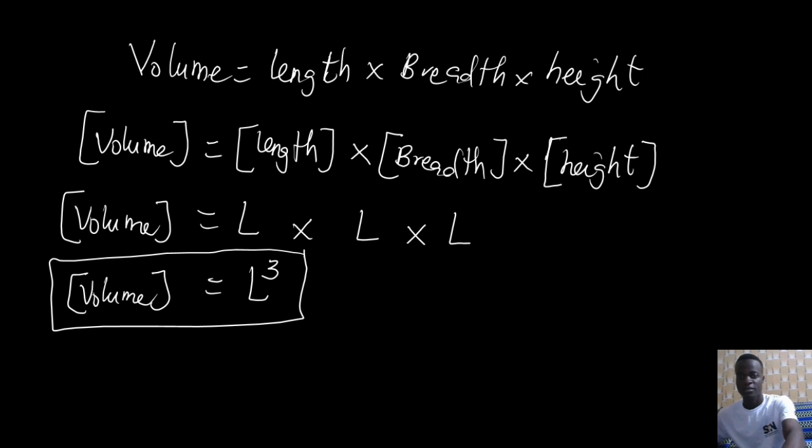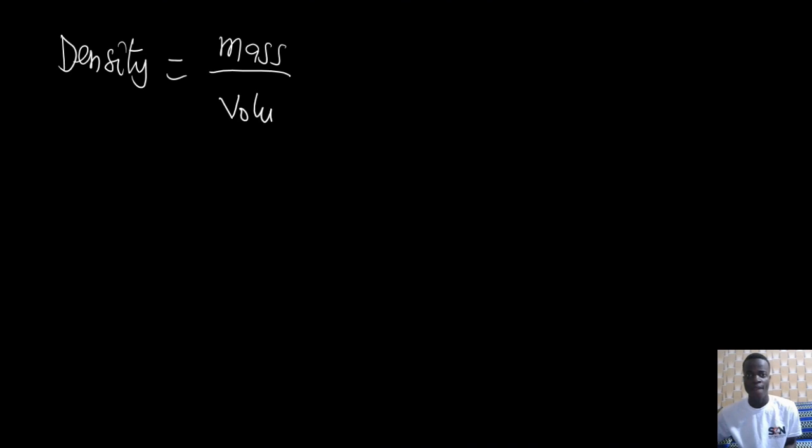The next one is dimensional analysis of density. We know density is equal to mass over volume. So you bring the square bracket. Once you are bringing the square bracket, it means that you are starting to do the dimension analysis of that.